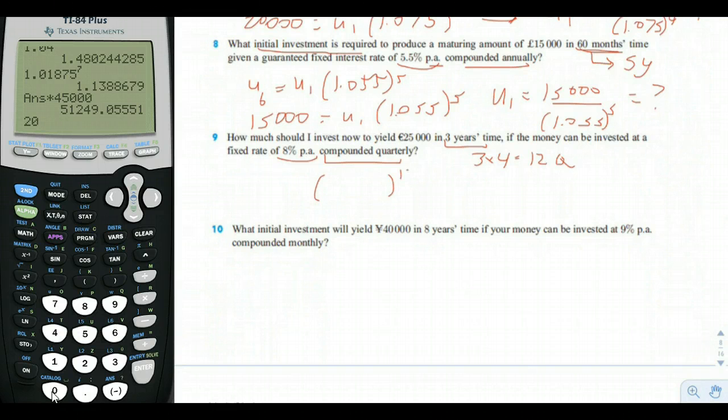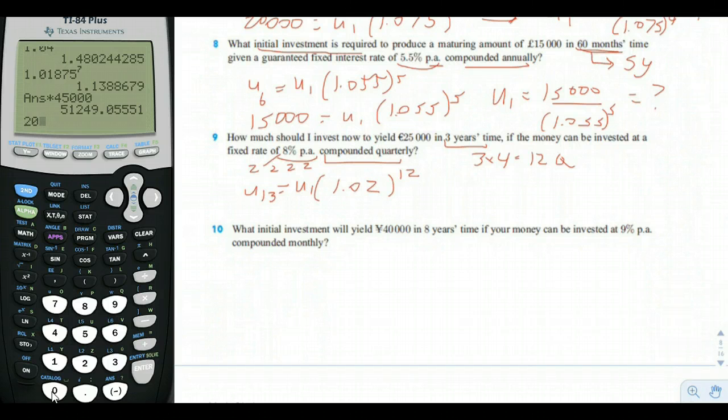which means our multiplier is going to be to the 12th. And so our U is going to be U13 is equal to U1, and the R is going to be, let's see, it's 8% compounded quarterly. So that means 2%. The 8% is going to be divided up into 4 quarters. So it's going to be 2% each quarter. So the multiplier is going to be 1.02.